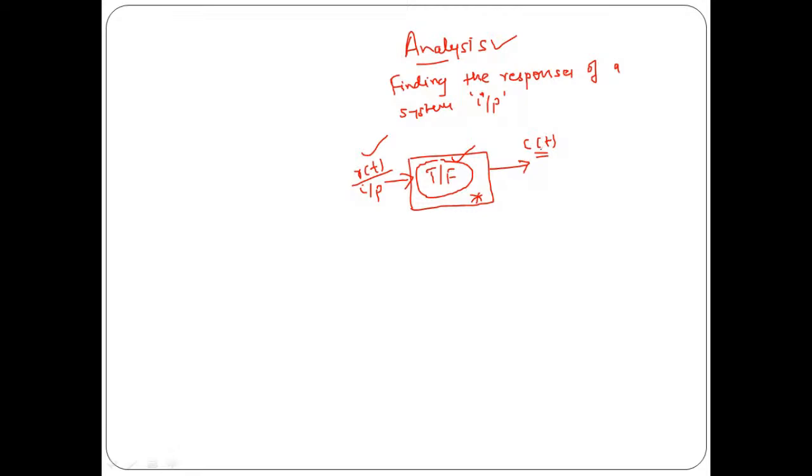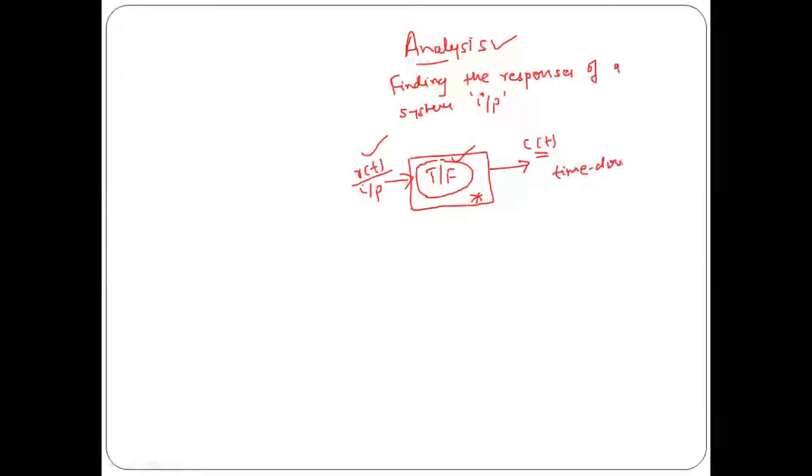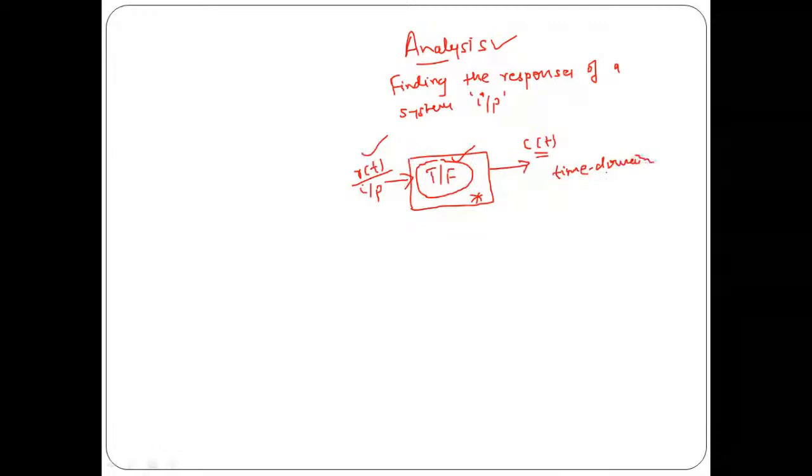Now suppose you are going to study, or identify the behavior of that particular output with respect to time domain, then the process is called time domain analysis of a given system.